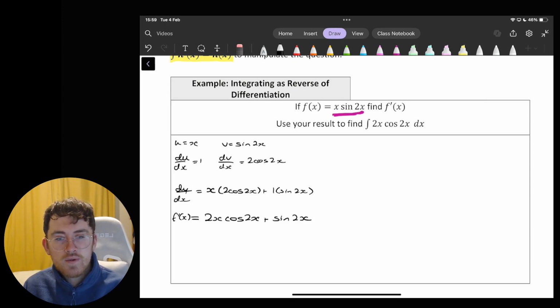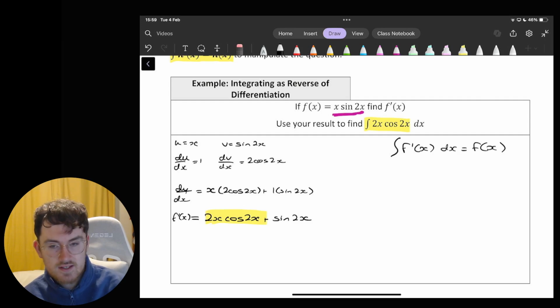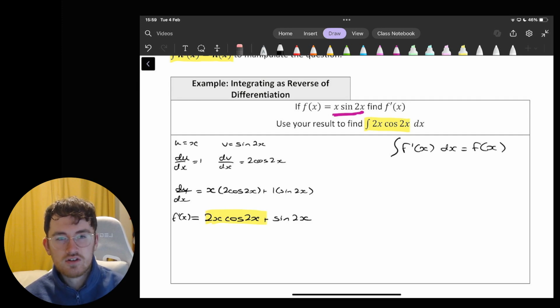I'm told to use my result, so I know straight away we're using that answer to find the integral of 2x cos 2x. Straight away I can see that in the example I've just done, that is one of the parts of the derivative. And I know as well that integrating f dash x should get me back to f of x. That's the definition of an integral here.